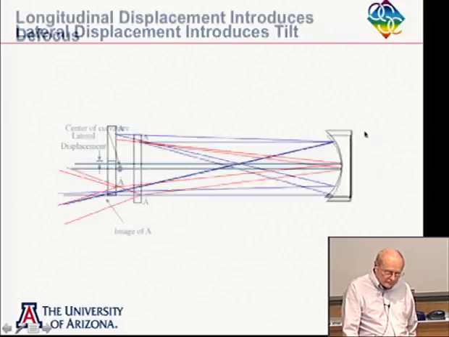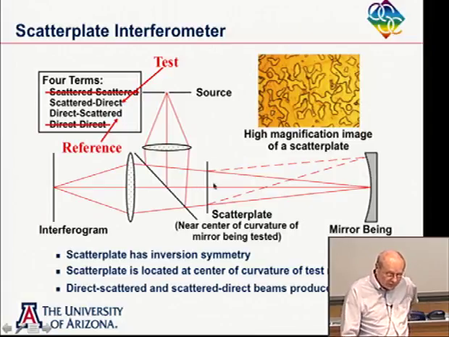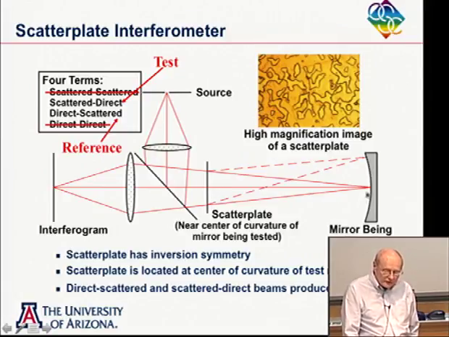Now, if I displace this too much from the center of curvature, if I displace it sideways, I'm going to have too many interference fringes. I probably won't even see them. Or if I displace it too far longitudinally, same problem again. So we really want to put this point of inversion symmetry very close to the center of curvature of this mirror.